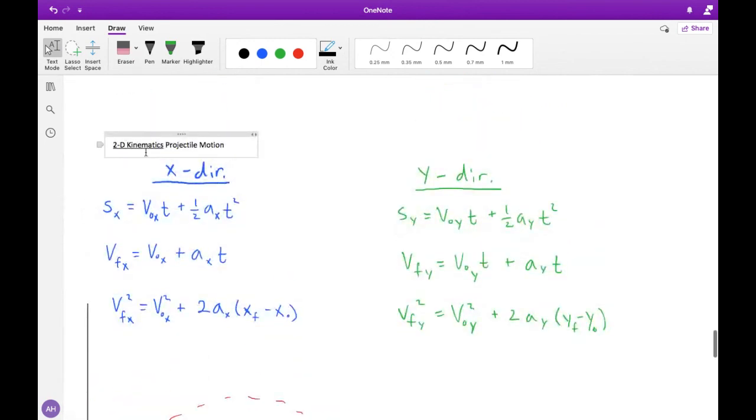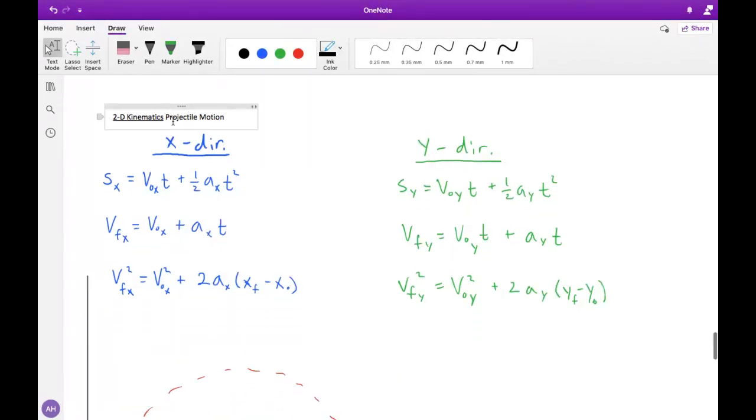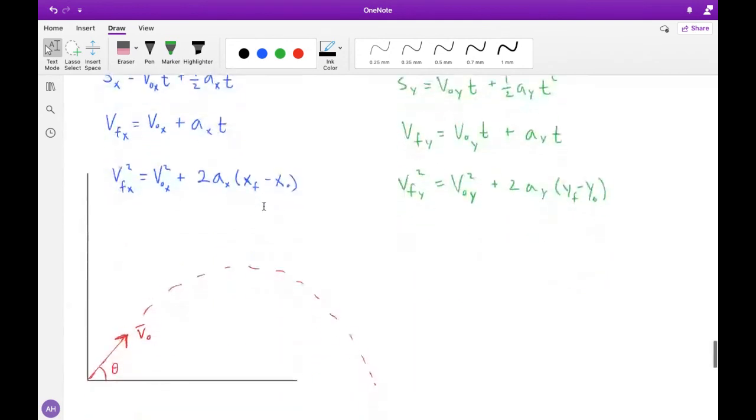Projectile motion is when we get into kinematics in 2 dimensions. Beforehand, we were using our kinematic equations just in 1 dimension, either left and right or up and down. So for 2D kinematics, now talking about projectile motion, we have some object, say a football, that's kicked or thrown, and it takes this arc-like path.